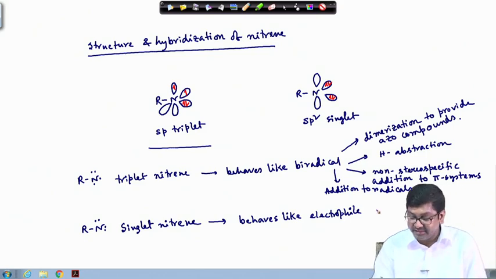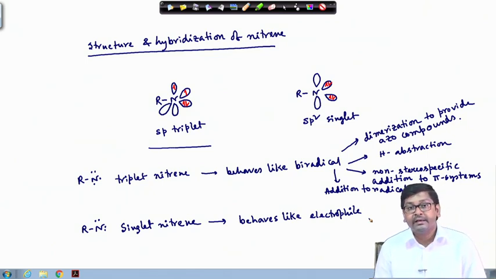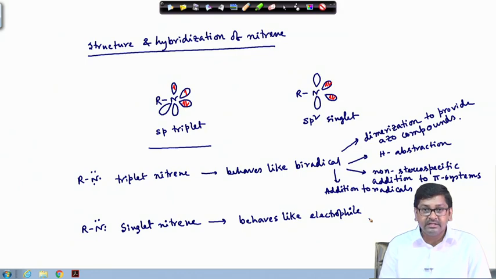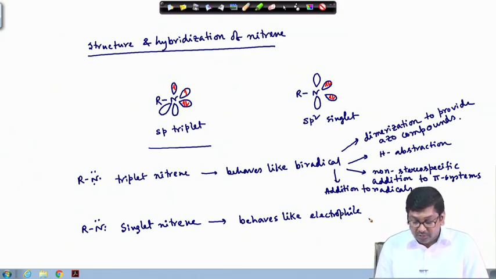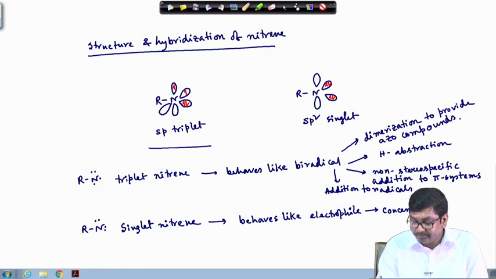In general the singlet nitrenes, which are sp2 singlet nitrenes, will give carbene-type addition reactions in a concerted manner. So, whether this is insertion into a carbon-hydrogen bond or addition to pi bonds, all will be stereospecific. So, we can think that this will give concerted carbon-hydrogen insertion.